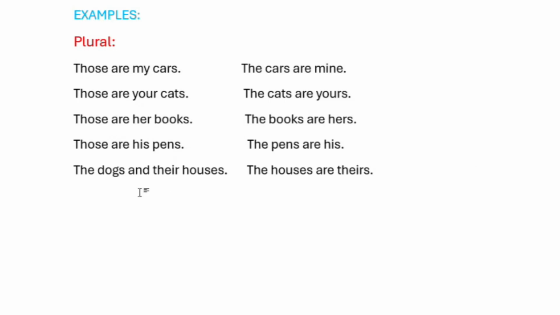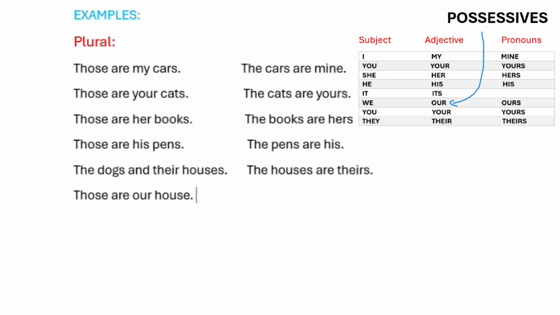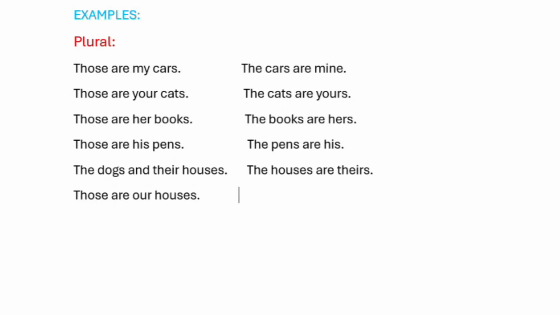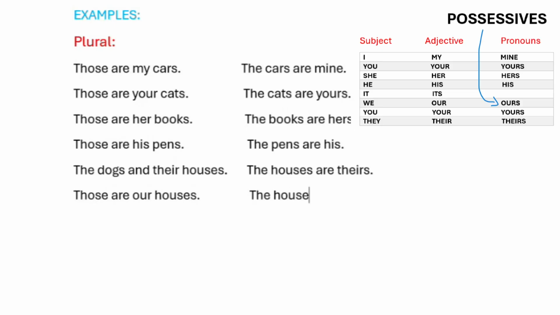Next, oh wow, it was the house, the example that is next, but well, let's do it, no problem. Those are our houses and the houses are ours. Oh my gosh, that's amazing, beautiful.